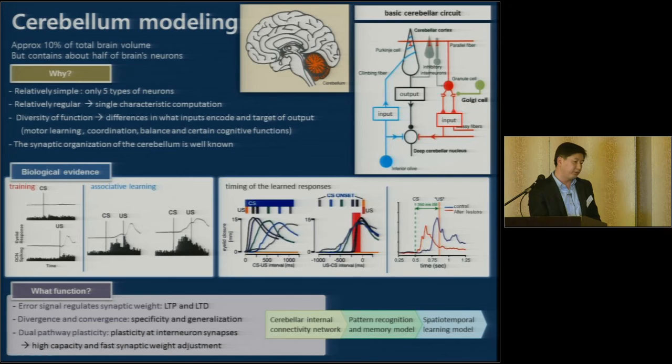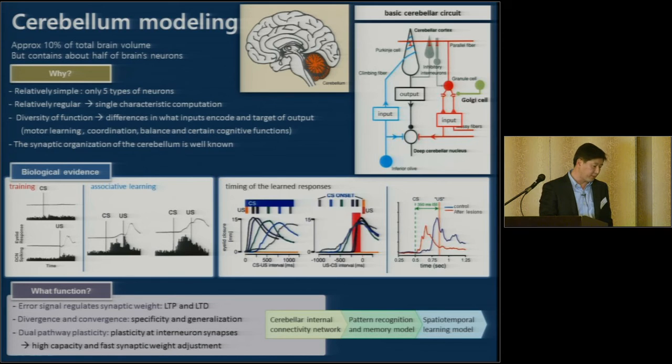So we are trying to find another target of simulation. One, I think, is the cerebellum. Maybe it's a good candidate because it has just 10% of total brain volume, but it contains about half of the neurons of the whole brain. And it's relatively simple, only 5 types of neuron, and it looks very regular compared to the other brain areas.